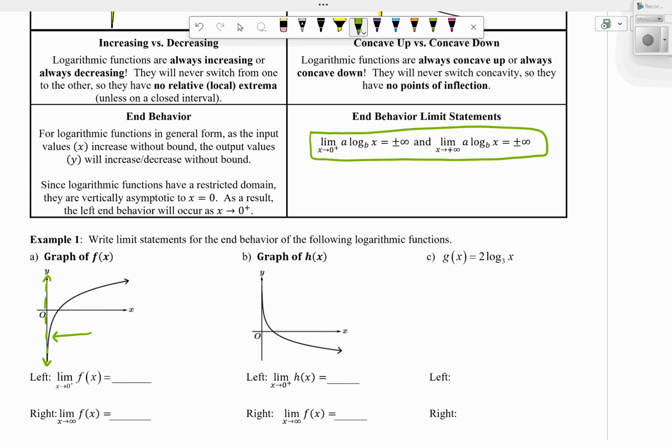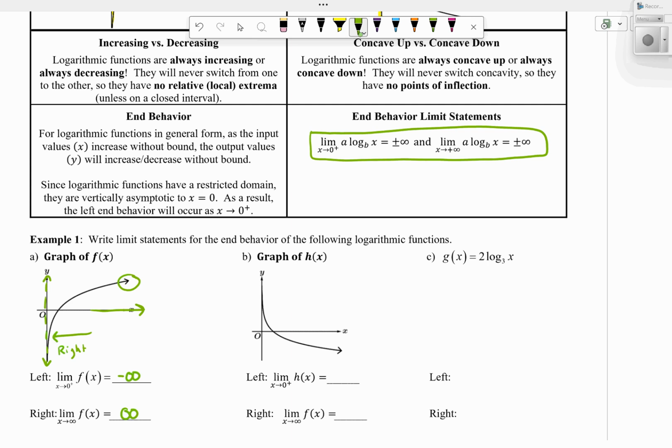So in this case, we're saying as our x values approach 0 from, remember that plus sign means from the right, so the right side approaching 0, our y values are going towards negative infinity in this case. And then the limit as x approaches positive infinity. So as our x values get larger and larger in the positive direction, your y values are going to be slowly increasing to positive infinity.